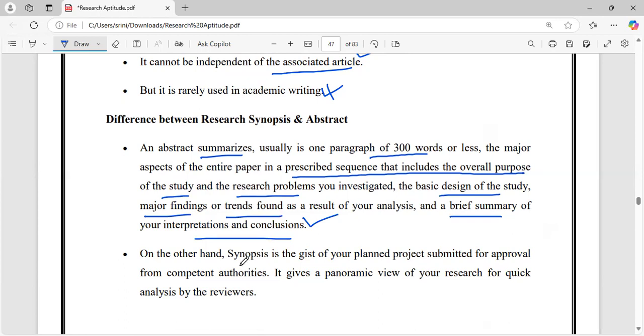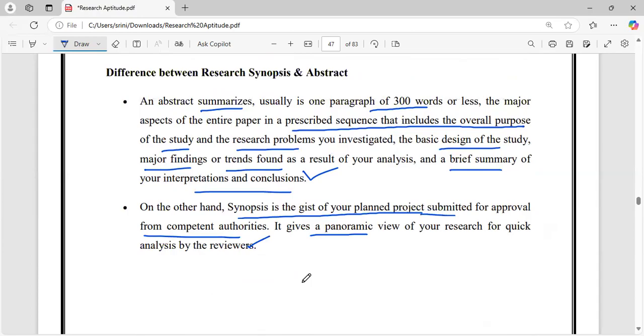Synopsis is the gist of your planned project submitted for approval from a competent authority. It gives a panoramic view of your research for quick analysis by the reviewers. Okay, you can see another difference here. The abstract is for the paper, to explain what is inside the paper or what is inside the thesis or dissertation.